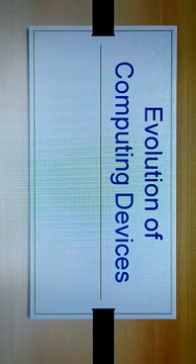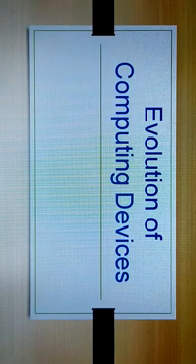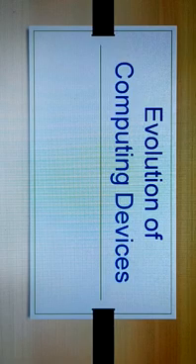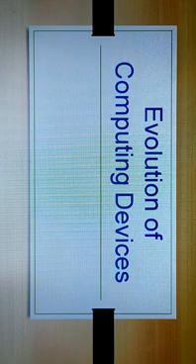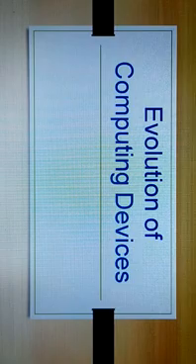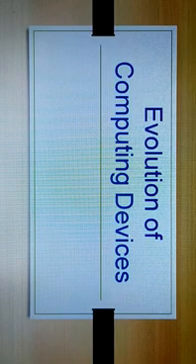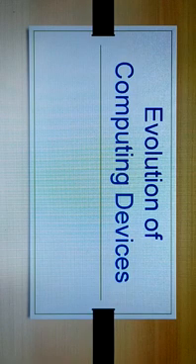And then in 1951, the world's first commercial data processing machine was developed by the Universal Accounting Company, which they named UNIVAC. UNIVAC stands for Universal Automatic Calculator. This computer was used by the US Census Bureau for the presidential election.